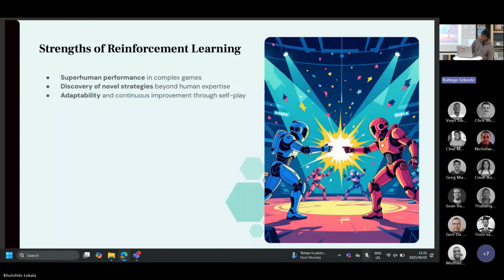And it works, because by exploiting and exploring, it's able to come up with its own strategies that are even beyond human expectations. By continuously adapting and playing against itself, it improves its own play to suit the environment and is able to play the game even better than humans.